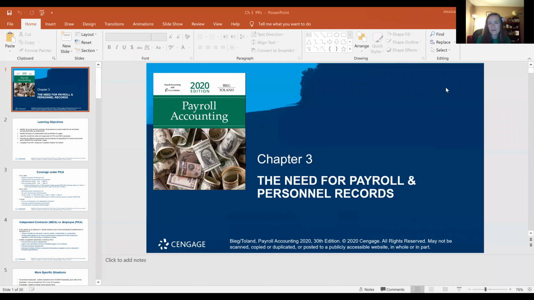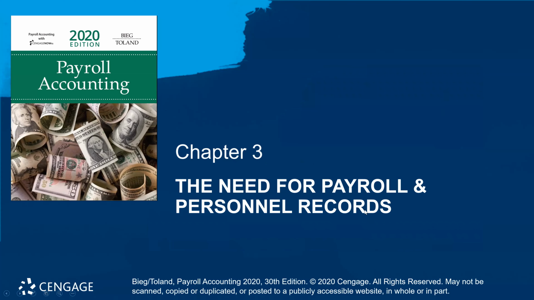Okay, so these are our chapter 3 PowerPoints, and I did post these into ALNet already, so they're already there for you. But again, basically chapter 3, we're getting into the FICA calculations and then some of the different tax forms that we use for these calculations.